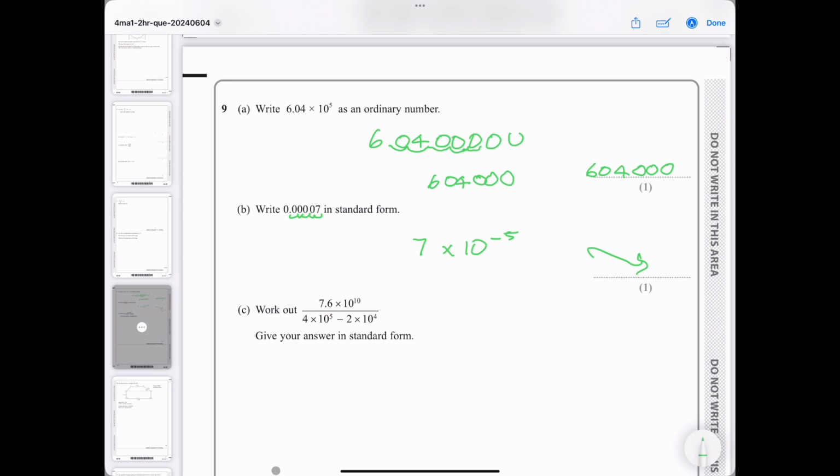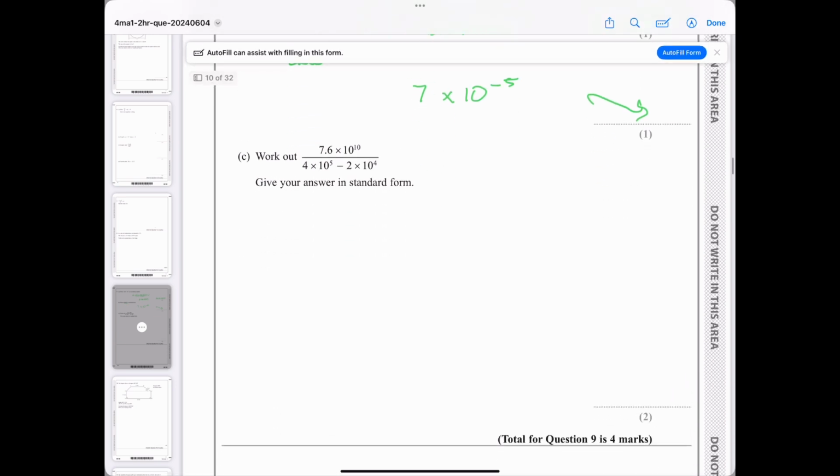Give your answer in standard form. Literally, you can put this into your calculator as you have a calculator. So it's 7.6 times 10 to the power 10 over 4 times 10 to the power 5 minus 2 times 10 to the power 4 equals, and that's 200,000 according to this.